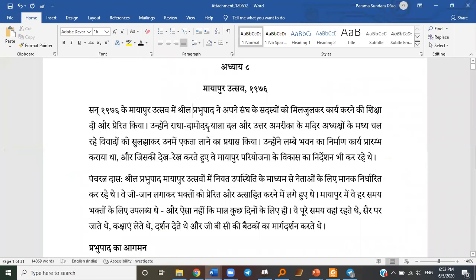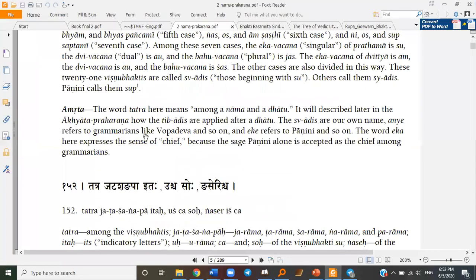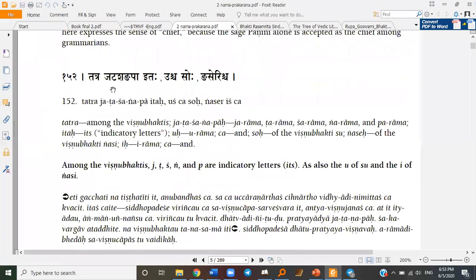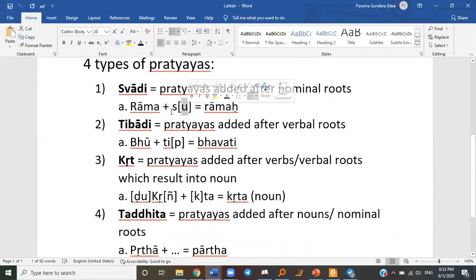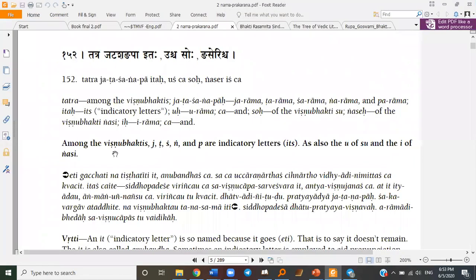So the letter J, the letter T, Sh, M, P, they are indicatory letters, which means they are not included with the pratyayas when we make some forms. They are deleted. They are indicatory letters. And also the U of Su and the E of Masi, we will come across these things.